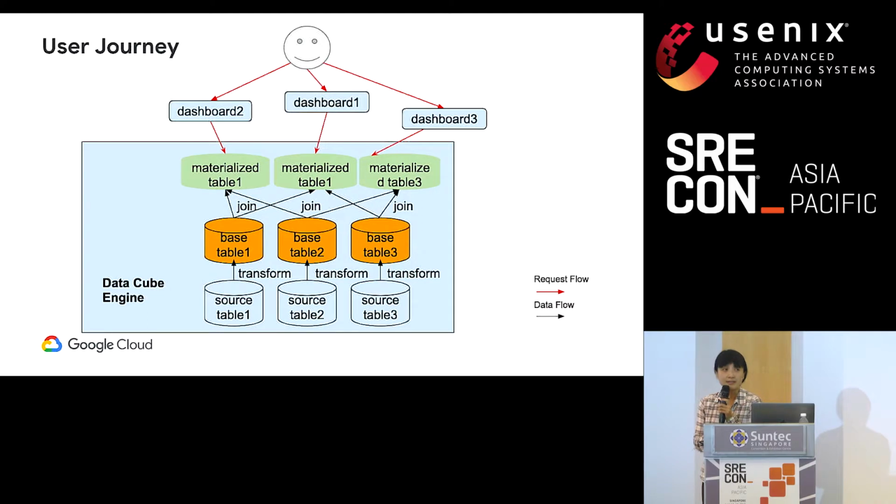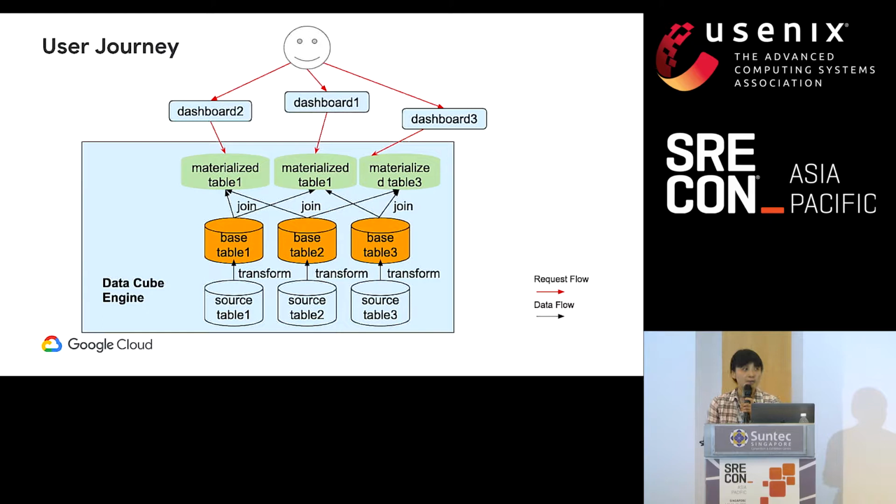From a user perspective, it's a one-stop journey. The only thing they need is to create user queries and display them in a dashboard by querying their materialized tables. That is the derived tables we described in the earlier diagram.